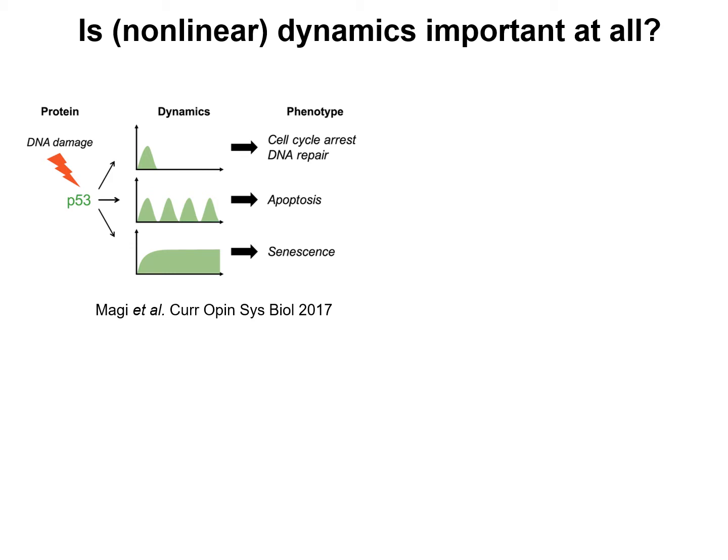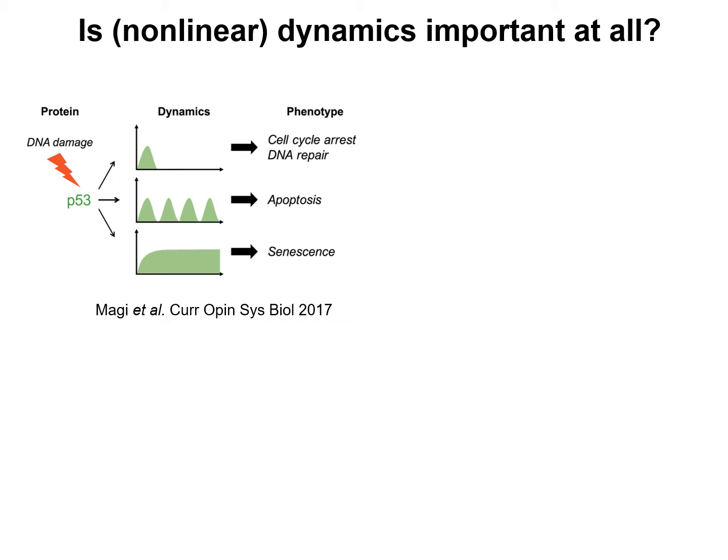So think of a cell here in which this particular protein, which has been very well studied, called P53, is a major protein involved in how cells respond when the DNA is damaged. Now, as you see here, there are 3 different dynamics of P53 which are possible in a given cell. And those different dynamics actually determine what happens to a cell once its DNA is damaged.